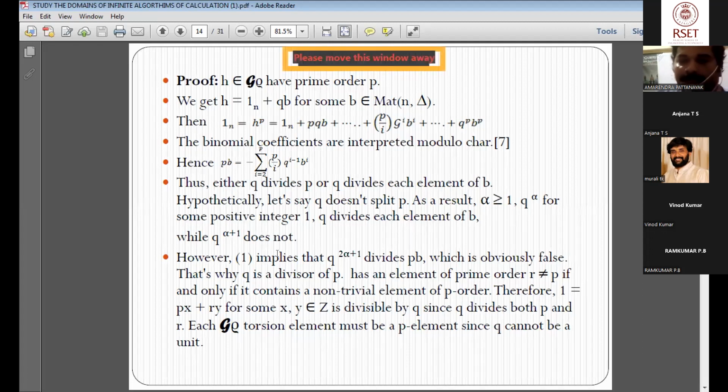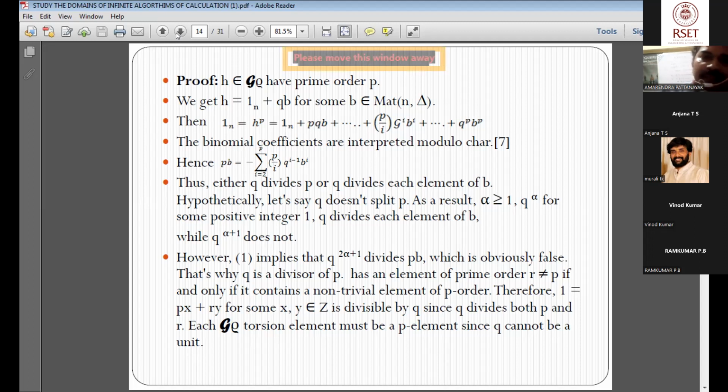However, it implies that Q to the power alpha plus 2, Q to the power 2 alpha plus 1 divides pB, which is obviously false. That's why Q is a divisor of p. Hence, an element of prime order r not equal to p exists if and only if it contains a non-trivial element of p order. Therefore, 1 equals px plus ry for some x, y belonging to Z, is divisible by Q.